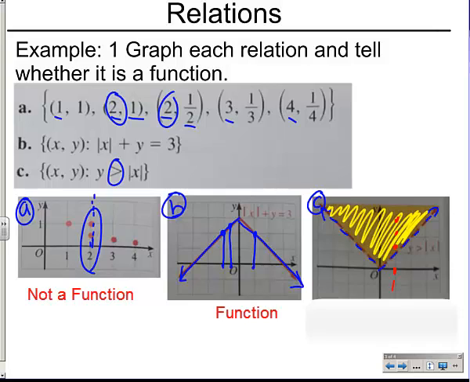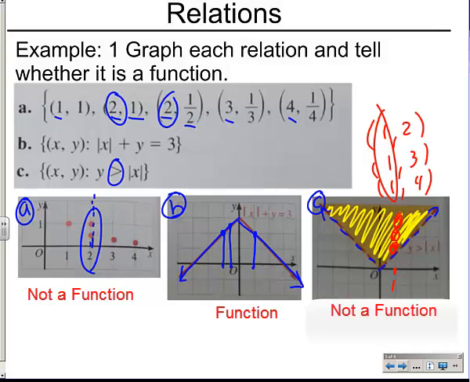For that value of 1, I came up with 3 different values of y. That's like saying 1 positive 2, 1 positive 3, and 1 positive 4. I just made up those numbers for these dots. But what you'll notice is I have the same x value repeated multiple times, but I don't have the same y value matching. I have different values. So this one is not a function.